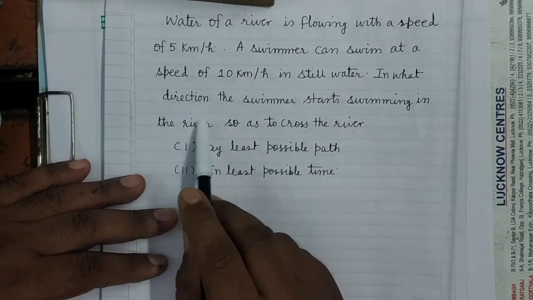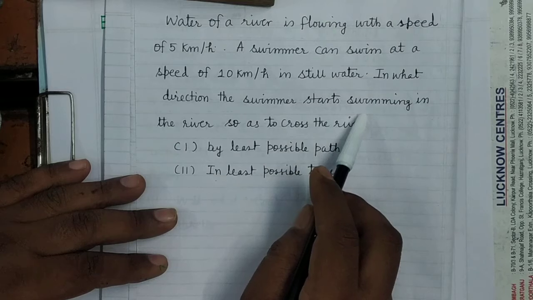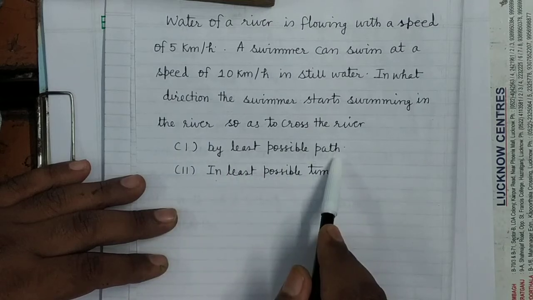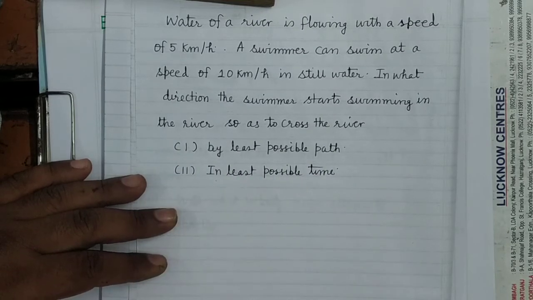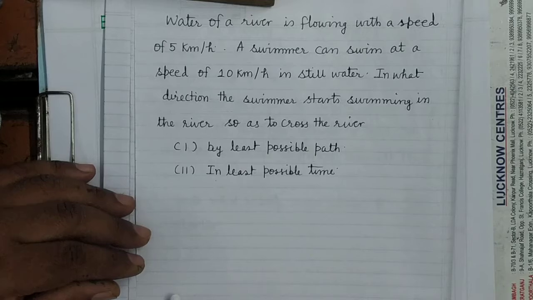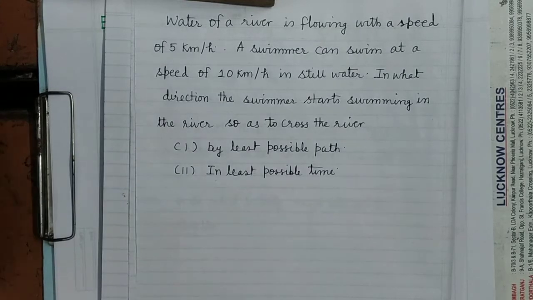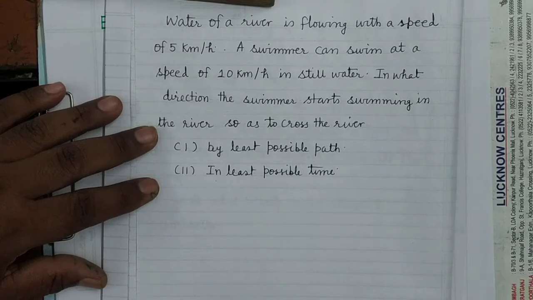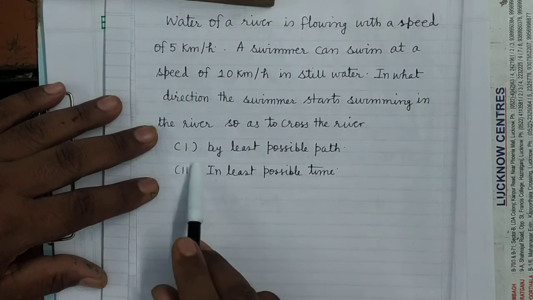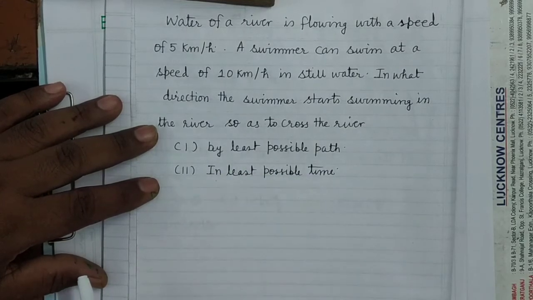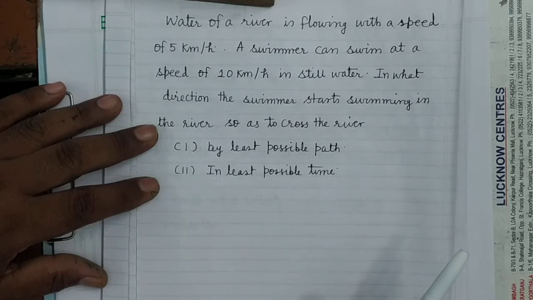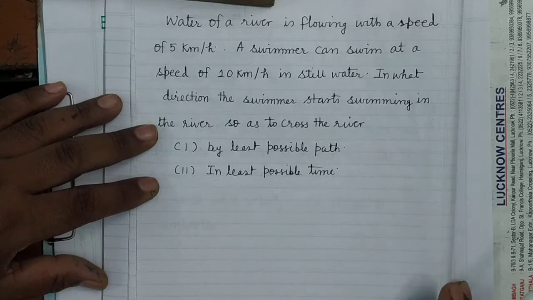In what direction should the swimmer start swimming in the river so as to cross the river by least possible path, and second by least possible time. Means you have to find the direction of swimmer in which he is swimming so that he crosses the river by least possible path and then by least possible time.